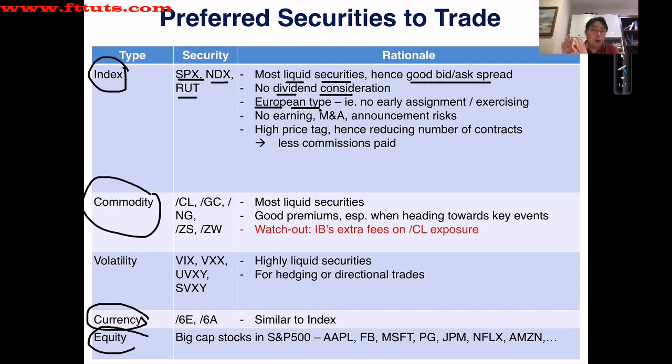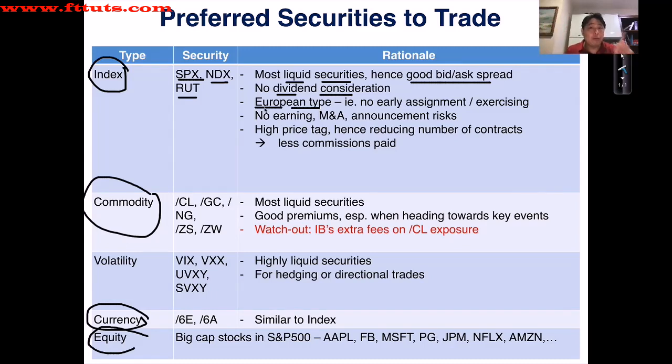So for European options, you can only exercise your option on the expiration date. But for American options, you can exercise your options anytime before the expiration date. And again, as option traders, we don't like to exercise our options, or we don't like people to exercise the options that we sell, right? So that's the advantage of, again, trading the index. It is a European type where people can't exercise the options early.